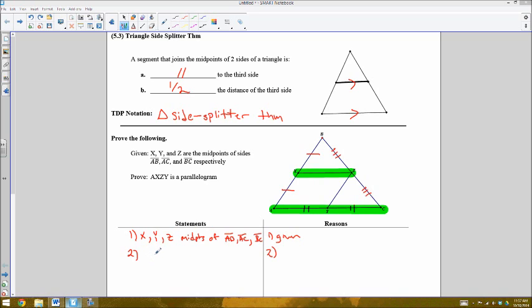I'm going to mention specifically that side XZ has to be parallel to AC by the triangle side splitter theorem.